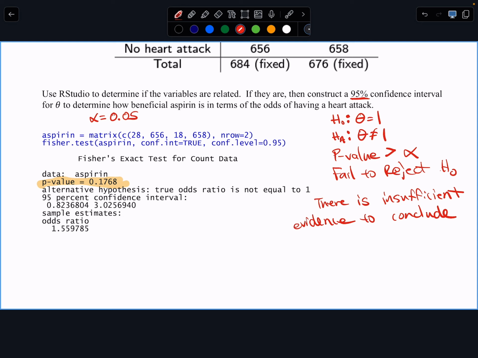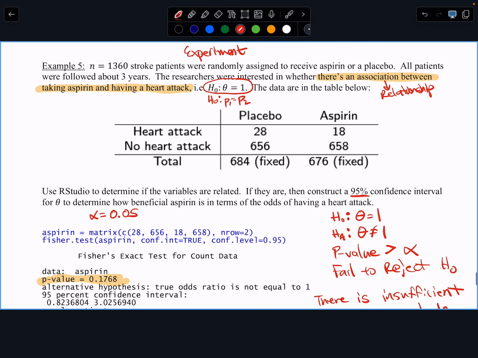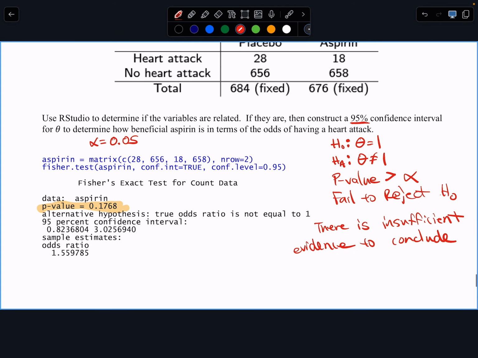But, you know, we're in the life and biological sciences, right? And so we could state this a little more specifically here in the context of this experiment, right? We're trying to see if taking aspirin is going to either increase or decrease your incidence of a heart attack, right? Does it have an impact on the incidence of a heart attack, right? And so we've not gathered enough evidence, so I'm going to draw my conclusion this way.